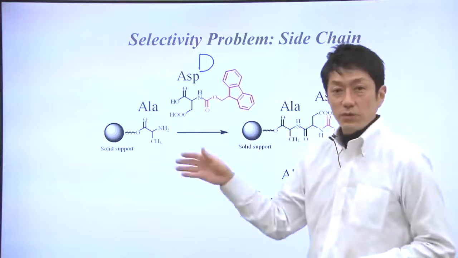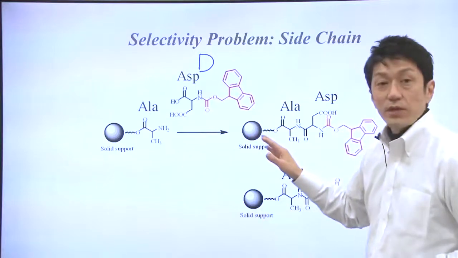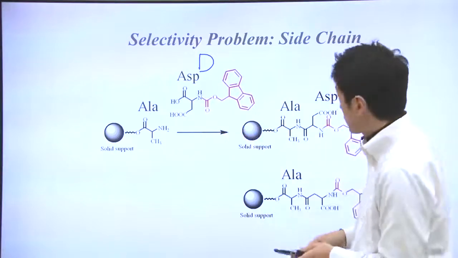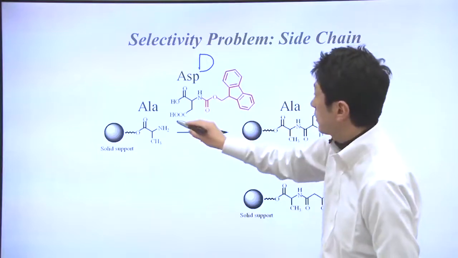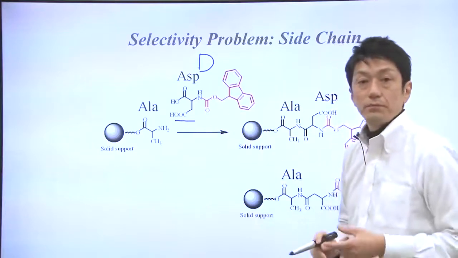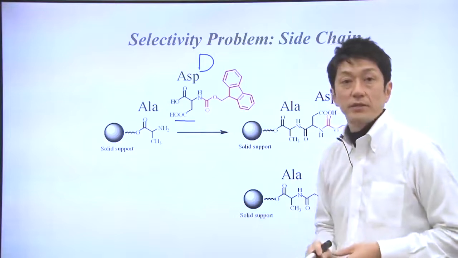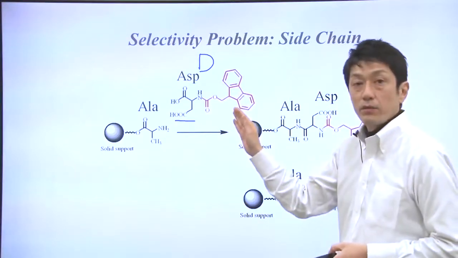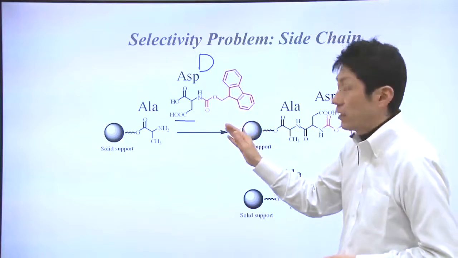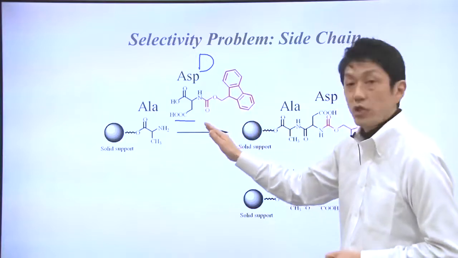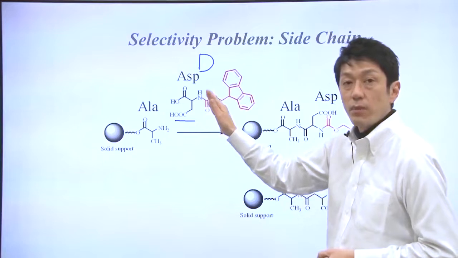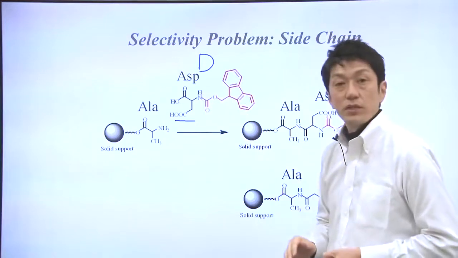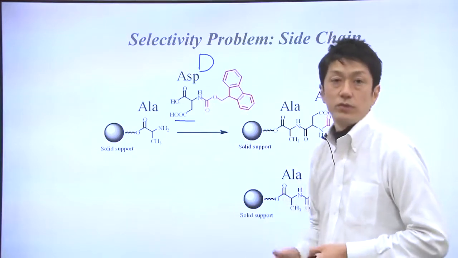So let me go back to the peptide synthesis here. Aspartic acid has a carboxyl group on its side chain. So this means that the peptide bonding could occur either with the side chain or with the main chain carboxyl group.